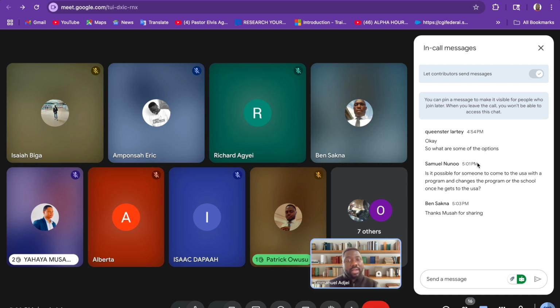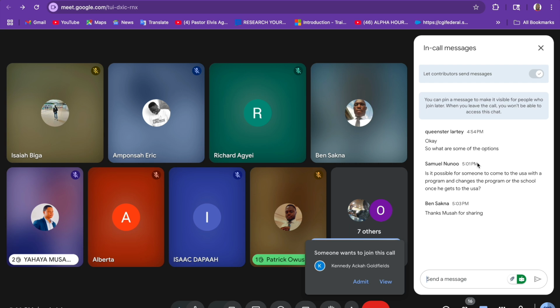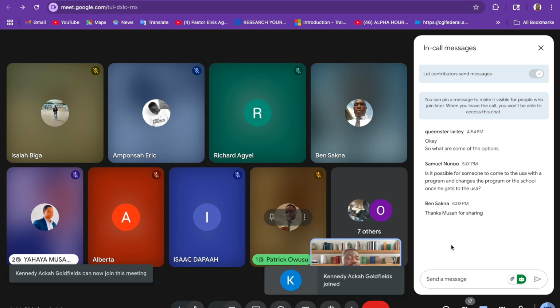Let me give a typical example. I know a guy I actually picked up from the airport. Somebody connected him to me to pick him up, so I picked him from the airport. He was coming to do a program at Case Western University. The funding was not that much, but the funding was good enough to get him the visa. So he got in and he needed to change.